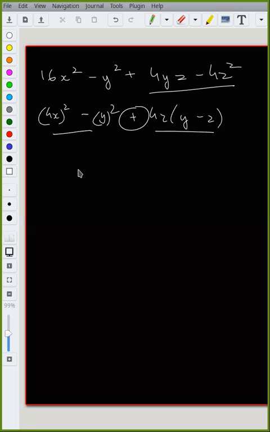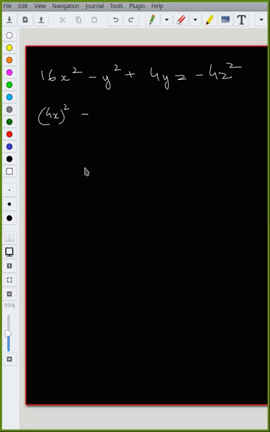So this is a wrong way to go about it, right? Instead, what I can do is look at the question carefully. If I group this, this is an identity. I can further factorize this, right?